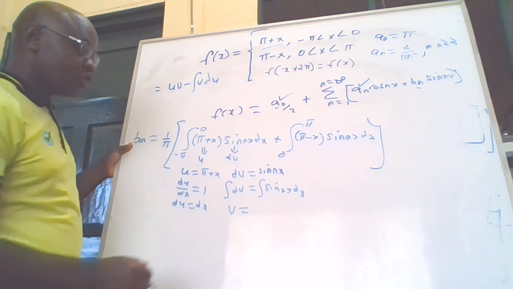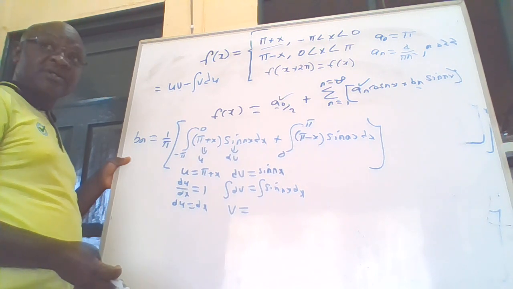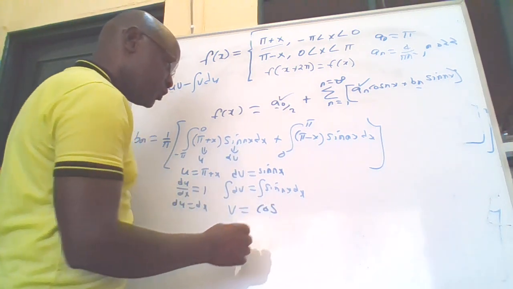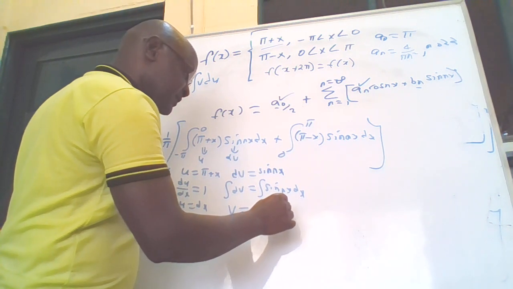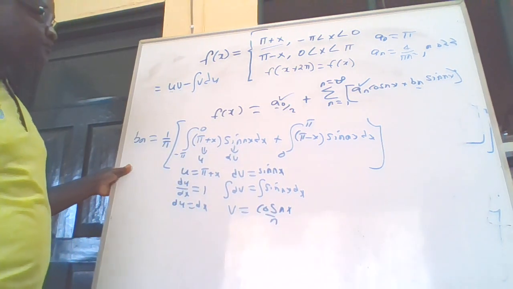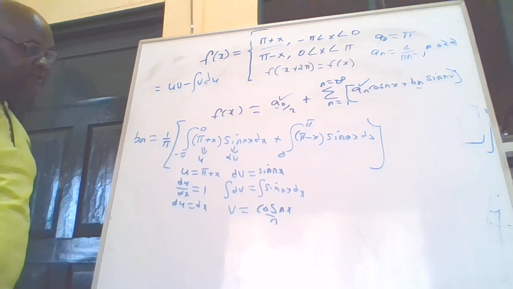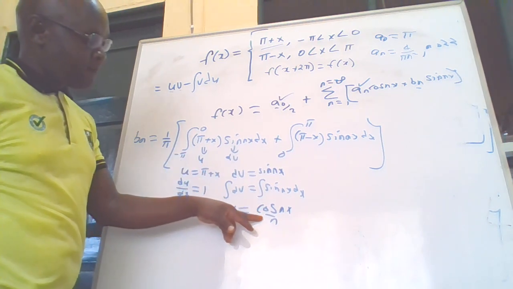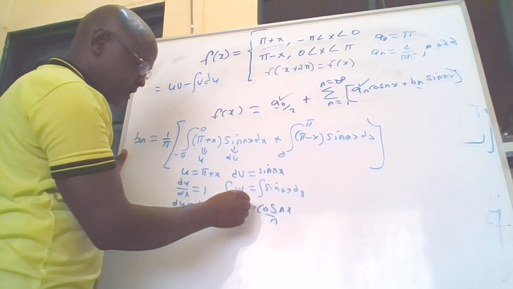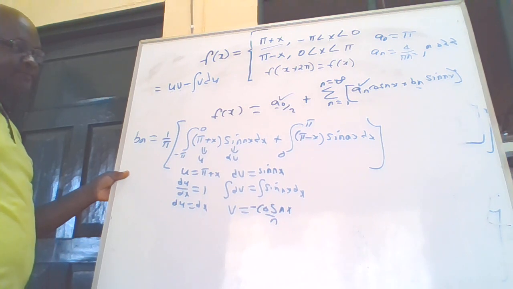When you integrate dv, you get v equals, when you integrate sine nx, you get minus cos nx over n, since the integral of sine is minus cosine.